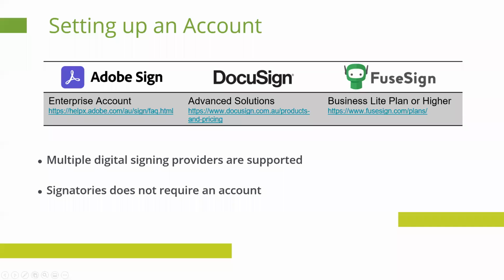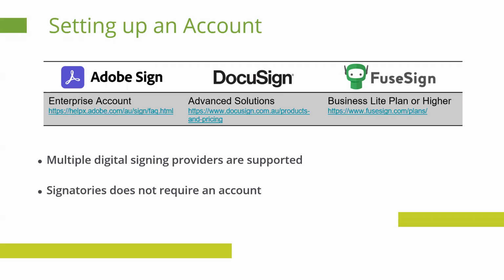With setting up an account, it's important to note that the integration itself in CAS 360 is free, but you will need to have a subscription with at least one of our supported digital signing providers. So that is an additional cost. Currently we support Adobe Sign, DocuSign, and FuseSign, and we are looking to add to this list.